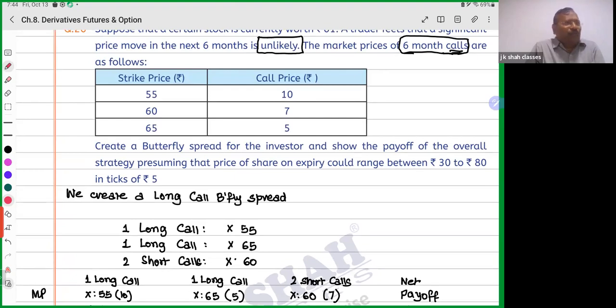Any 3 strike prices, 400, 500, 600, would still give you the impression of the market going up. So any strike price would give you the impression of the market going up. So how did we know that for this investor, it is a long call butterfly spread?